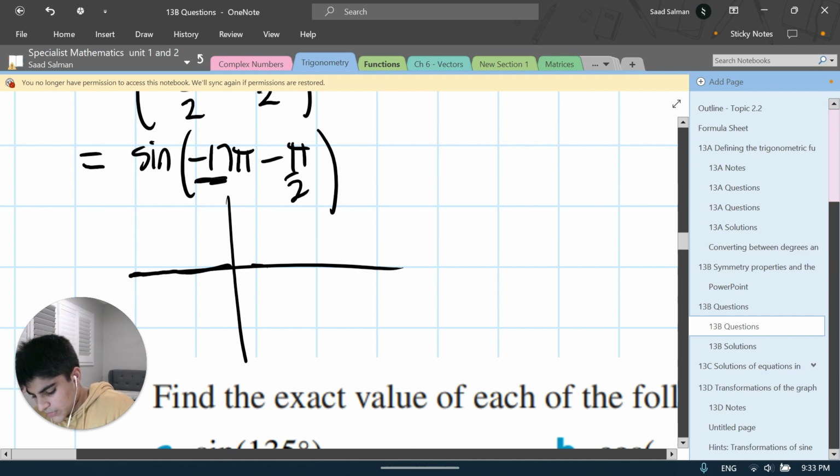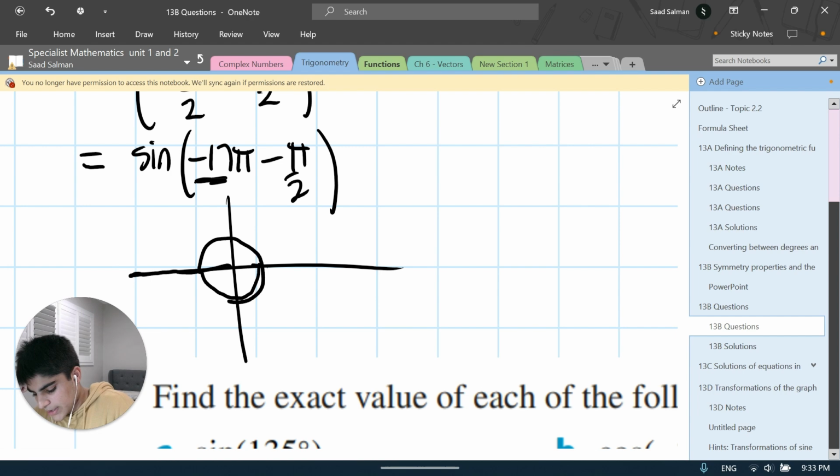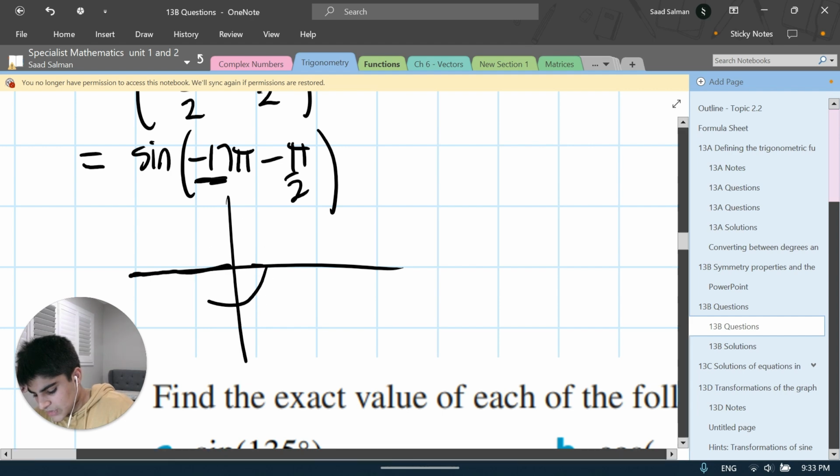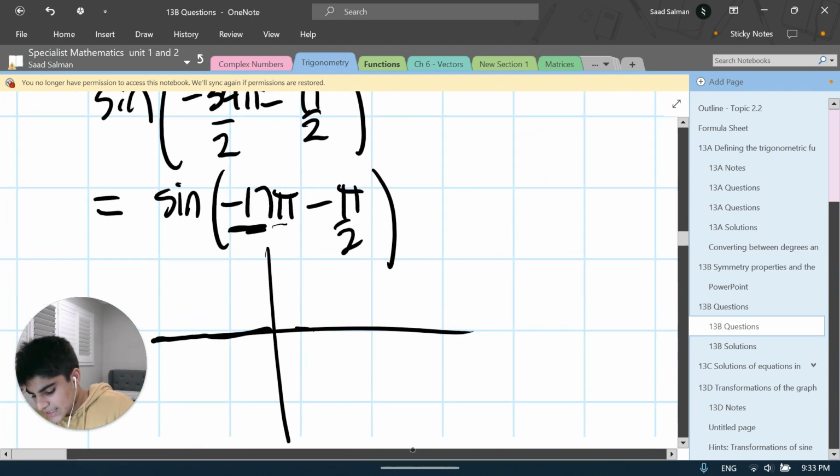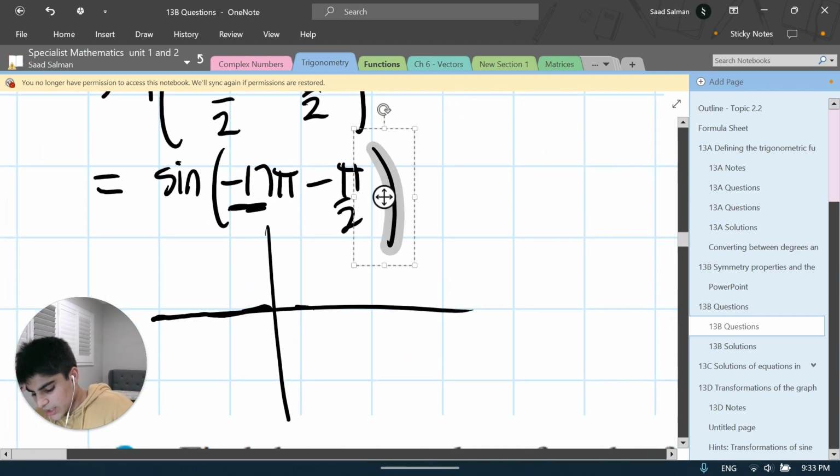So, 1 pi, 2 pi, 3 pi, 4 pi, 5 pi, 6 pi, 7 pi, 8 pi, 9 pi, 10 pi, 11 pi, 12 pi, 13 pi, 14 pi, 15 pi, 16 pi, and 17 pi. If it's an odd number, if the value of pi has a negative coefficient, it's always going to end up here.